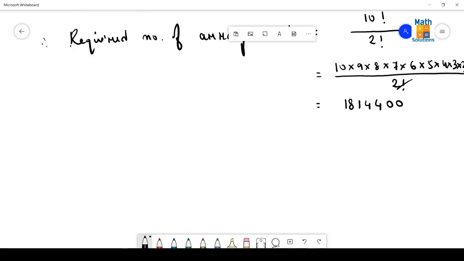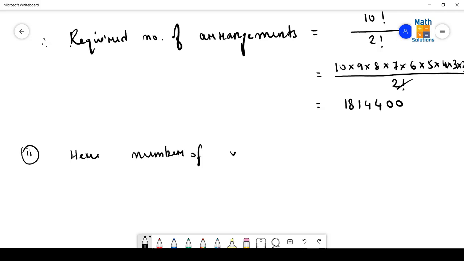Coming to the second question. This is the second question. What it says, vowels are all together. When the vowels are kept together, we already found that there are total of 5 vowels. Here, number of vowels is equal to 5.